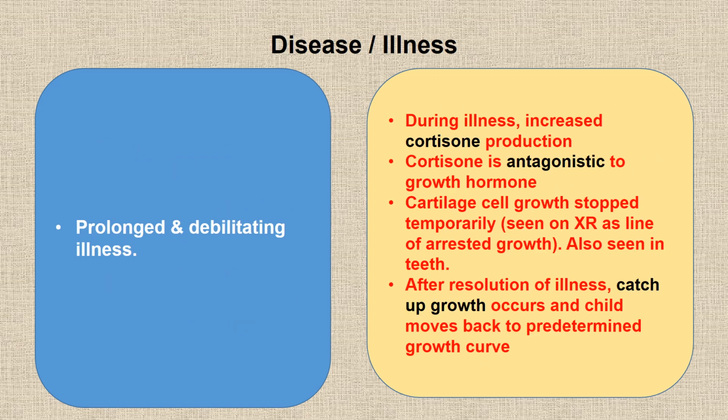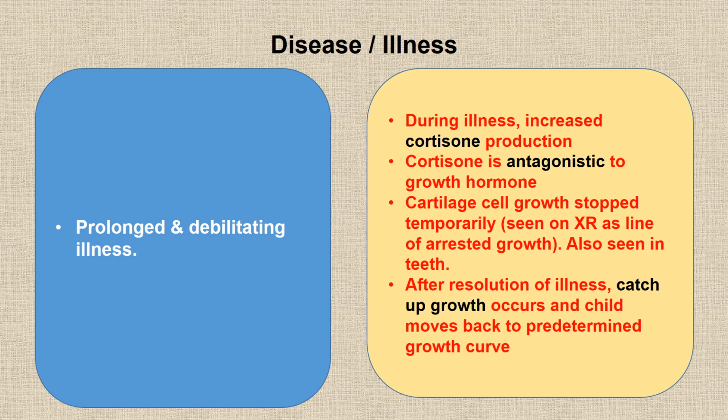Now, disease: prolonged and debilitating illness can cause a negative effect on growth. During illness, there is increased cortisone production, and cortisone is a hormone that is antagonistic in its action to the growth hormone.